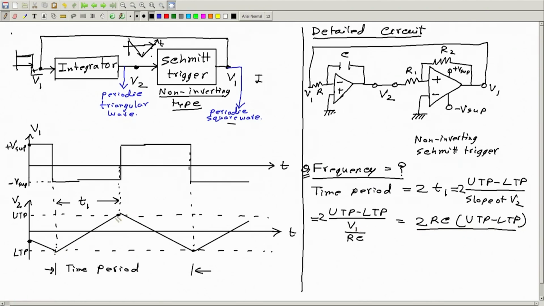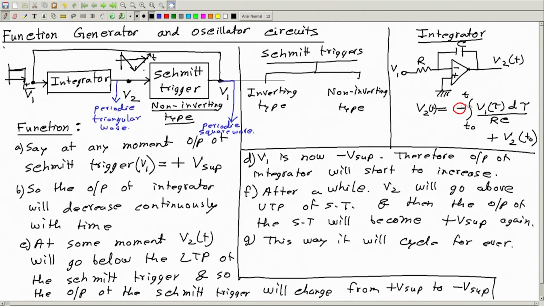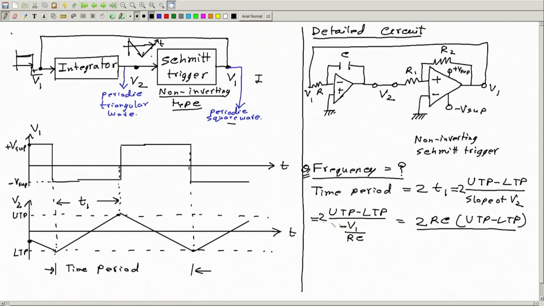At this moment the value of V1 is the same as minus V supply, so the slope will be this, and you can put a minus here because of this minus sign. The value of V1 at this moment is the same as minus V supply, so the two minus signs cancel.